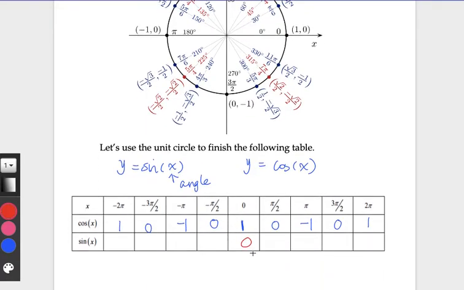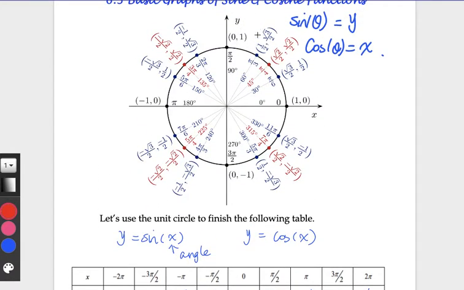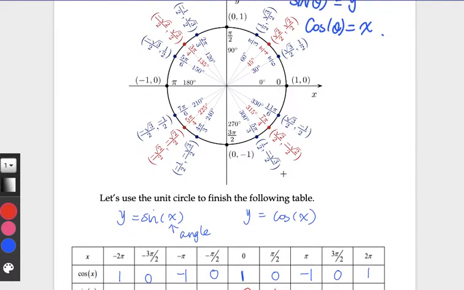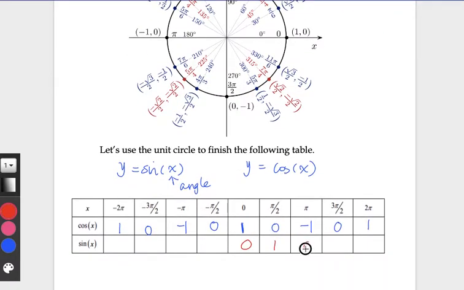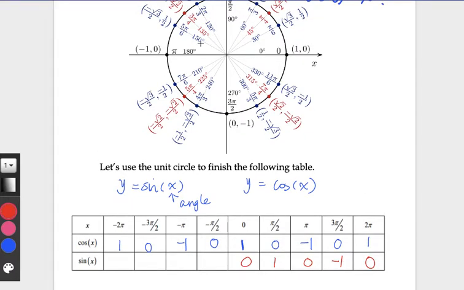Pi over 2 gives 1, because the y coordinate for this point is 1. Then for pi, it's going to become 0, for 3 pi over 2, negative 1, and for 2 pi, it's going to be 0. Then we go clockwise to see the angles, but you will see it's repeating.